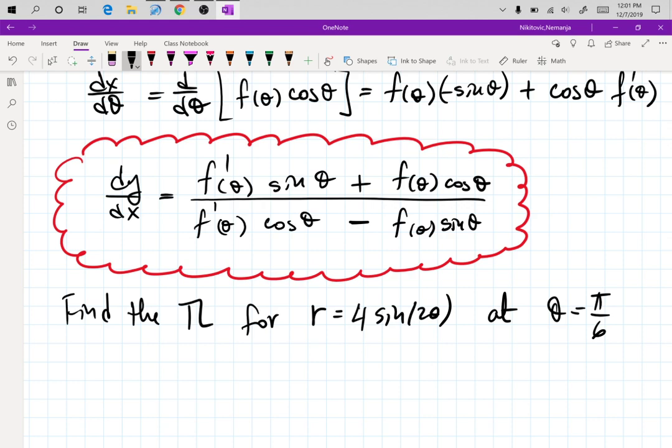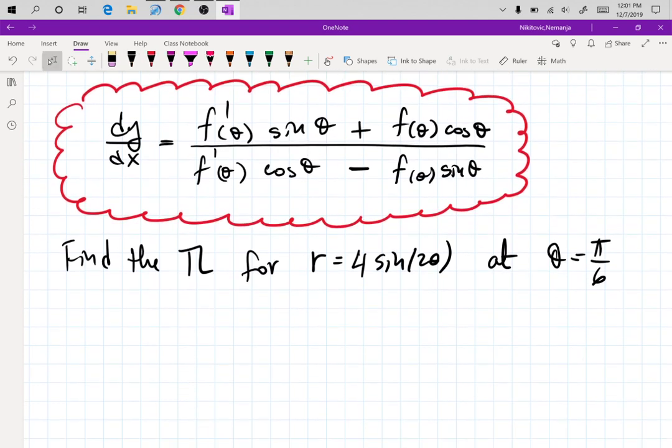Your r is f of theta, so you have your f of theta as 4 sine 2 theta. Get f prime, plug everything in, and then compute the slope to get m equals a number.